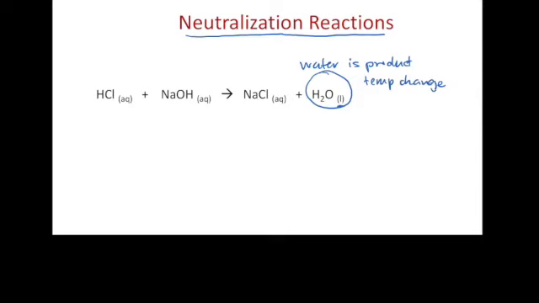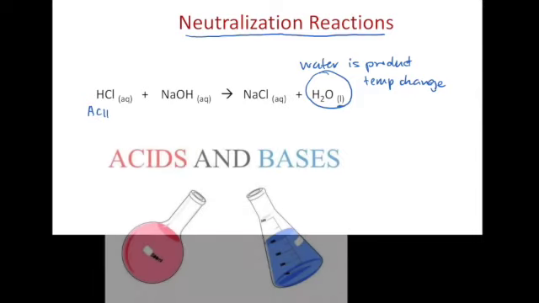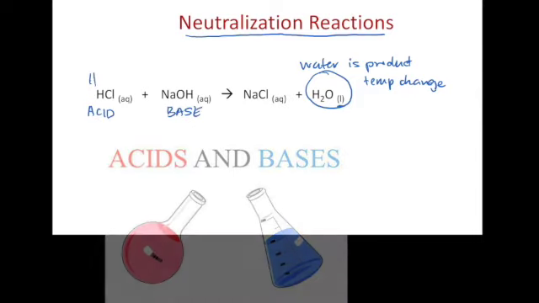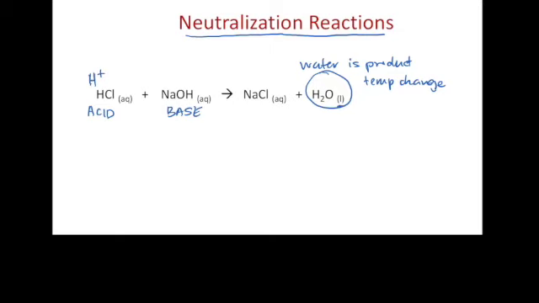Water comes from the reaction of an acid with a base. The acid always will contain the hydrogen cation, and the base will always have or produce the hydroxide. So what's formed is water, due to the double replacement where the hydrogen bonds to the hydroxide and you end up with HOH, which can be written as H2O.